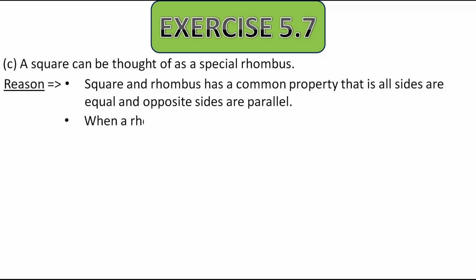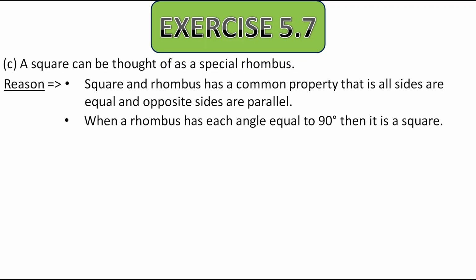And we have one more reason, that when a rhombus has each angle equal to 90 degrees, then it is a square. So we can say that a square can be thought of as a special rhombus. Okay. As it has all the sides equal, opposite sides parallel, and when a rhombus has all the angles 90 degrees, then it will be a square.